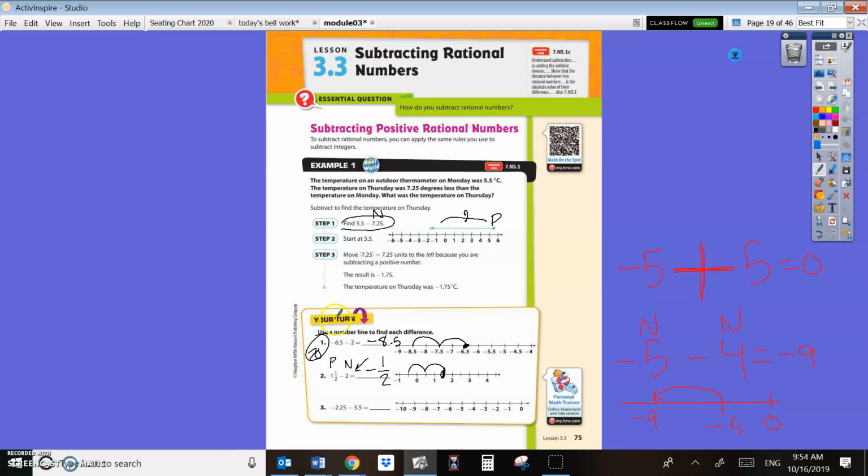For this problem, you're starting in the negative direction, and you're going more negative. So go to -2.25, about right here, and then go 5. 1, 2, 3, 4, 5, but then go 0.5 up to -7.75.